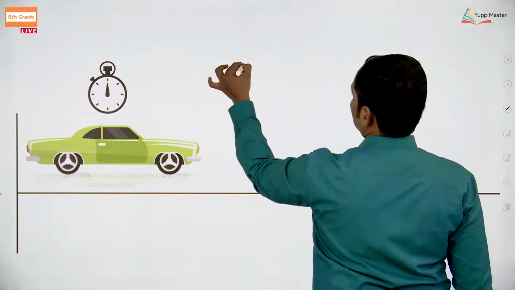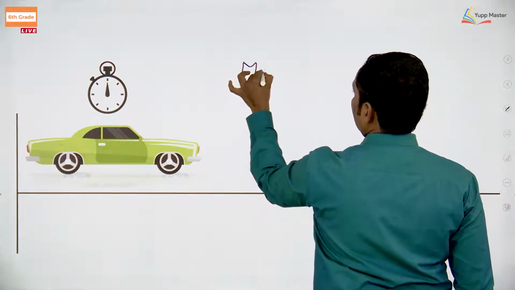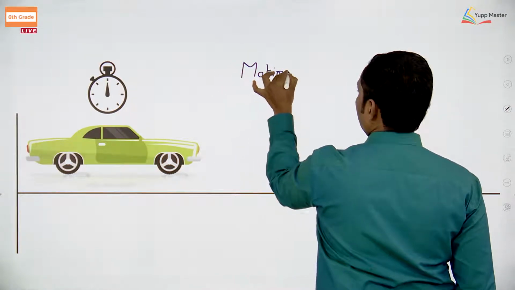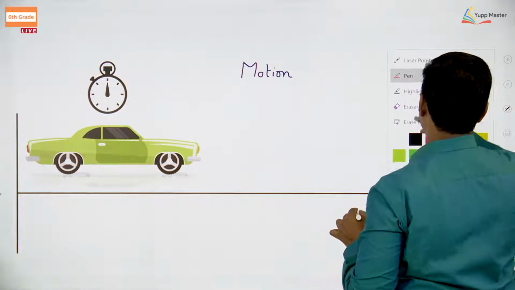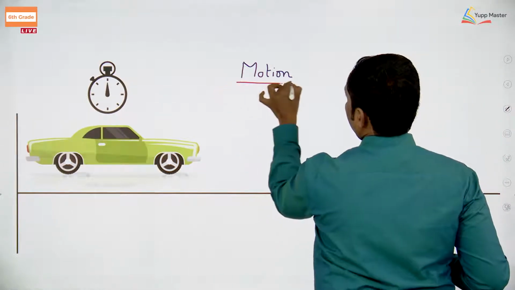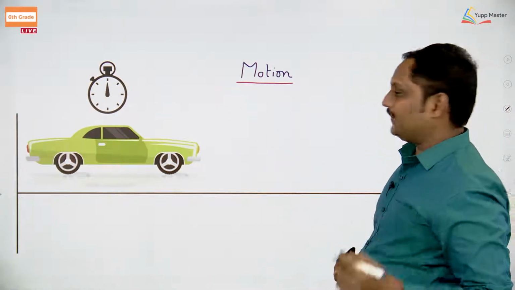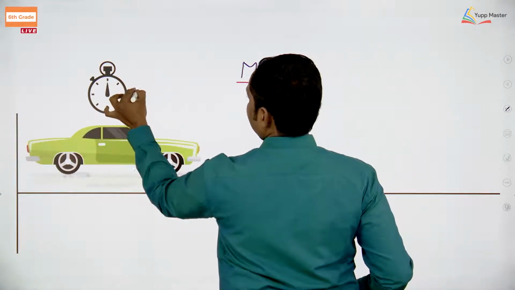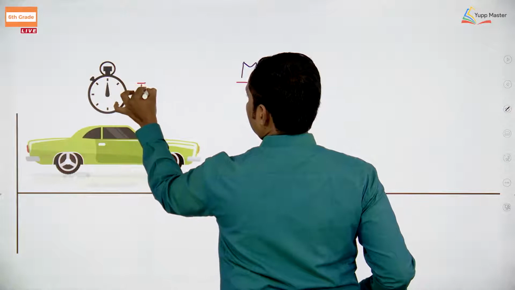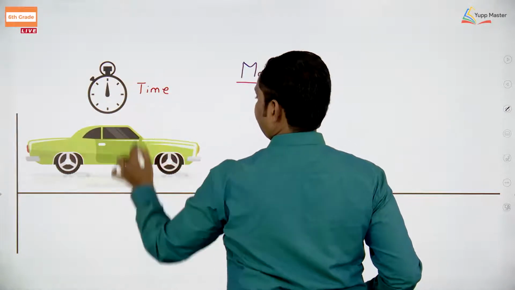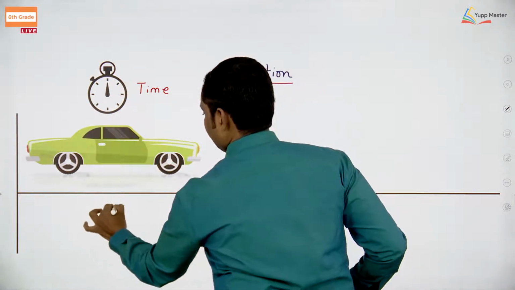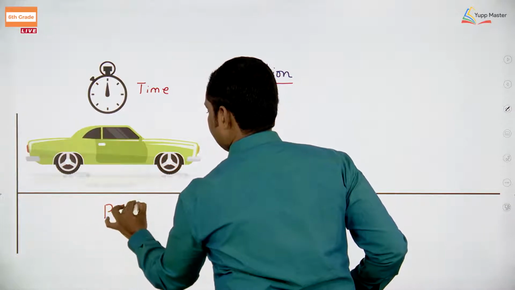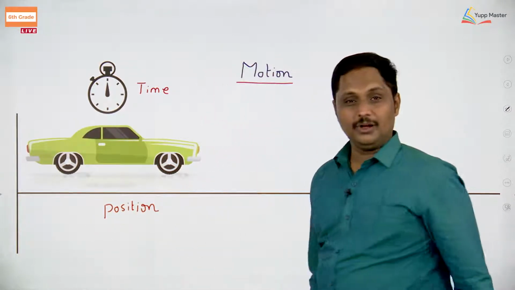Do you know motion? Yes, it's very clear. How can you say the body is in motion? So, at a time, it is going to be at a position. All right.